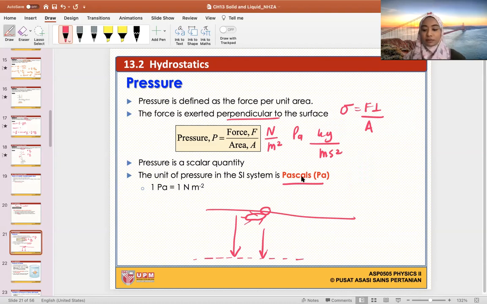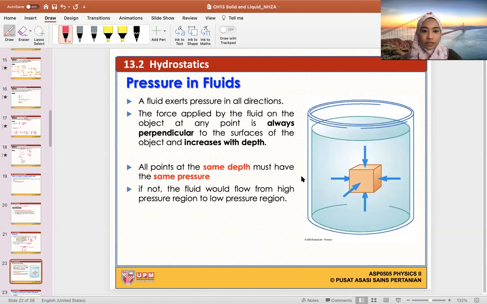What does it have to do with this chapter? Pressure in fluids. If you have questions, please just interrupt me. A fluid exerts pressure in all directions. That is why it is a scalar quantity. Contohnya, I want to know the pressure here. The pressure at this level is the same. If the pressure at this dot is P1, the pressure at this dot is also P1 sebab level dia sama.